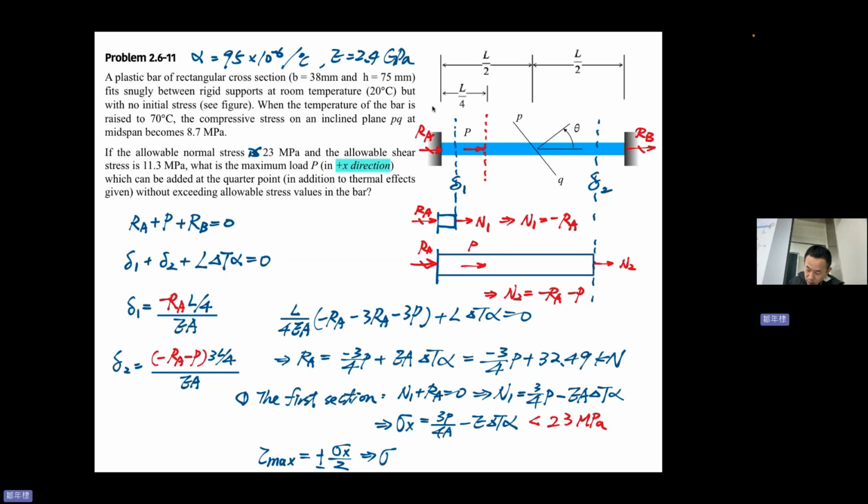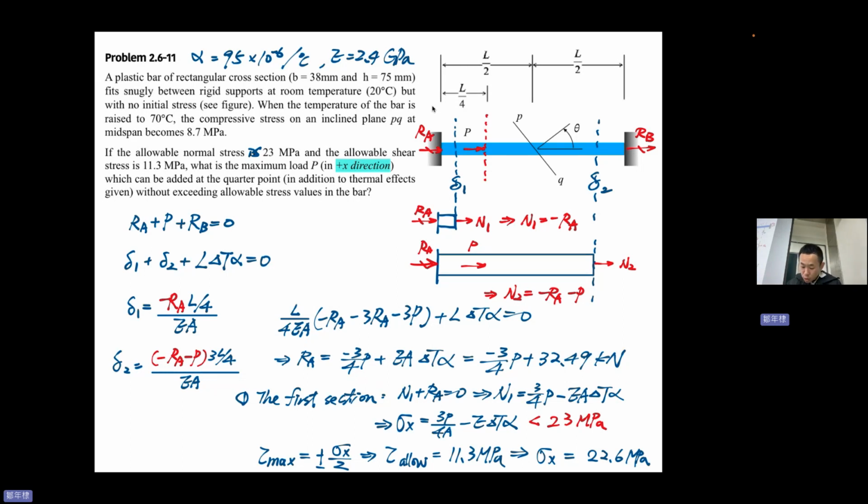So your tau allowed equal to 11.3 megapascal, which means that your sigma x equal to 22.6 megapascal.